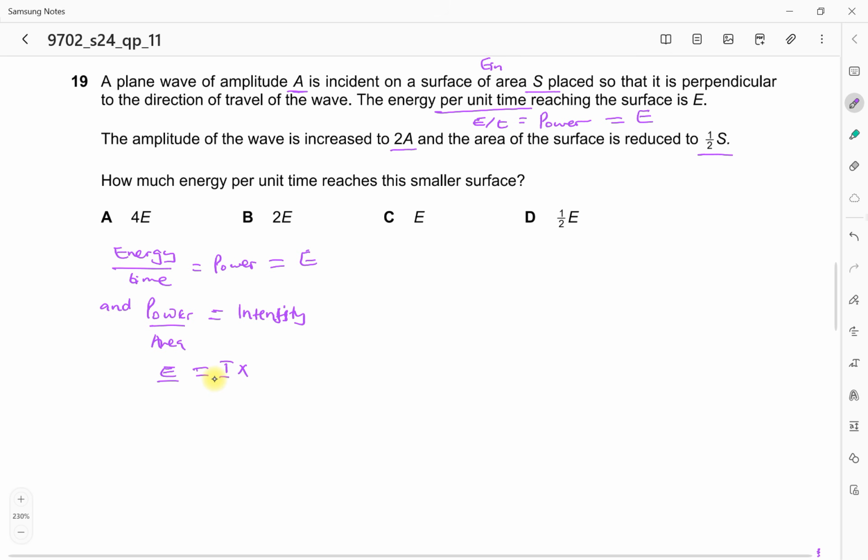Making power, energy per unit time, the subject. So energy per unit time is equal to the intensity I times the area, which was initially called S.